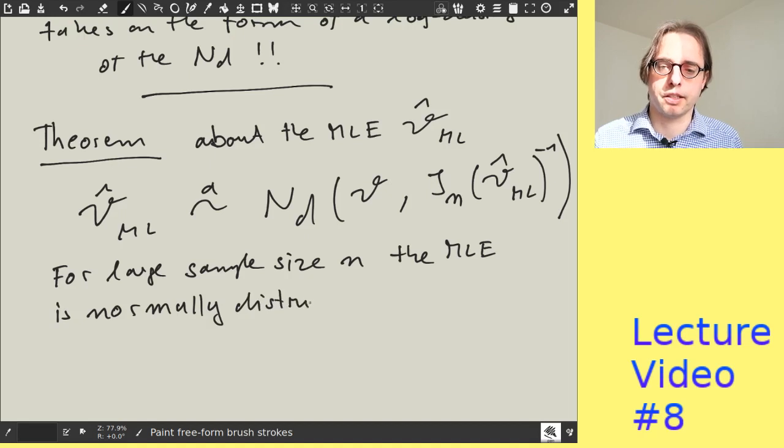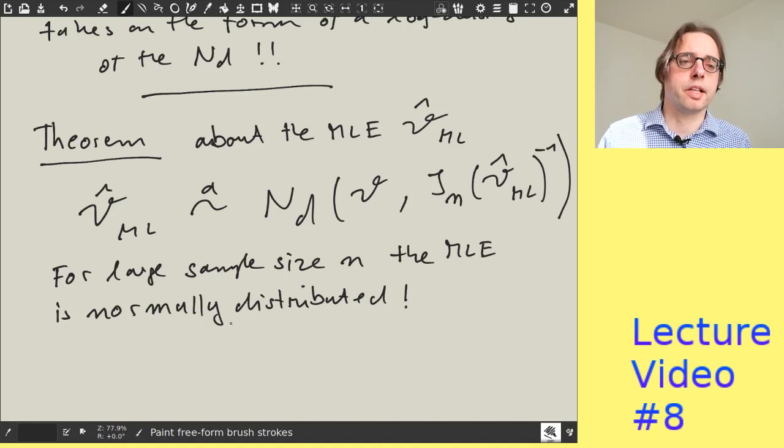So that's the first thing. So it's normal. Asymptotically, maximum likelihood estimators follow a normal distribution.